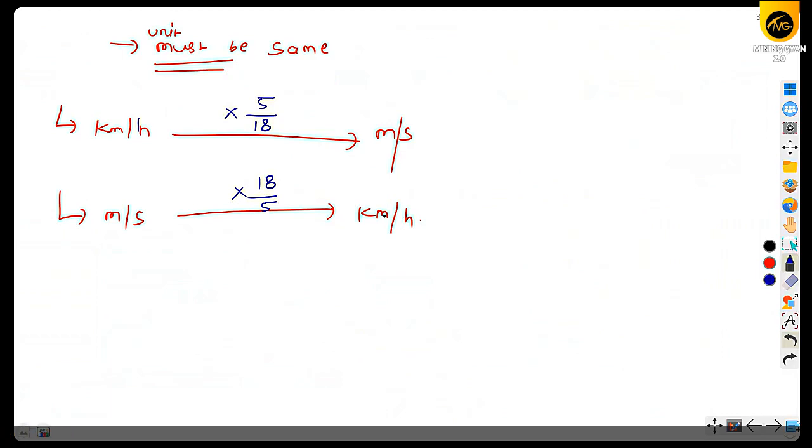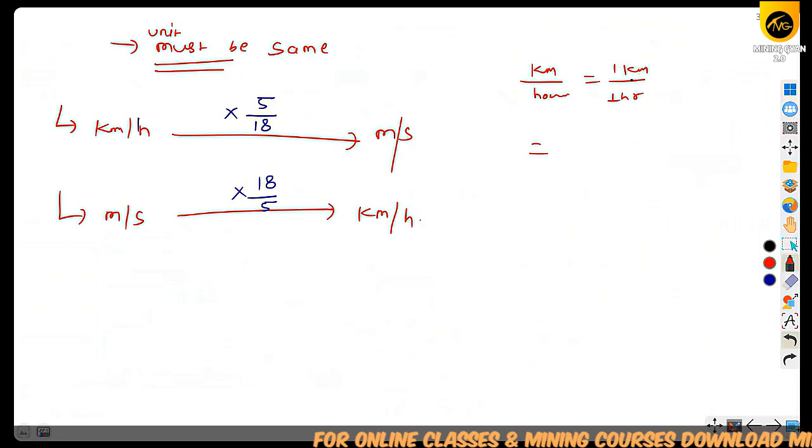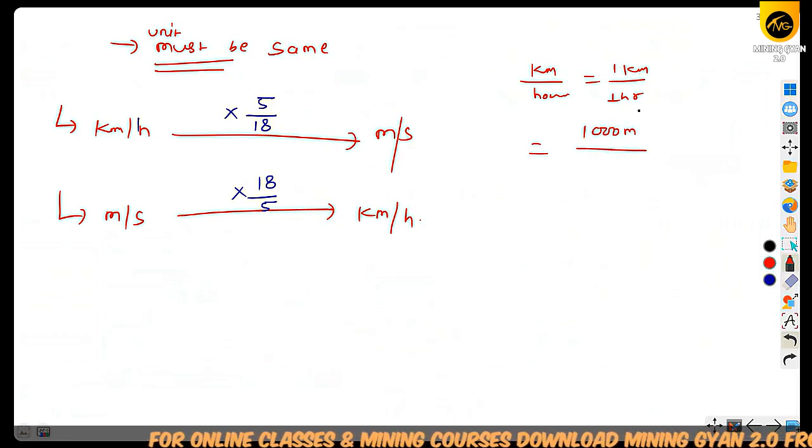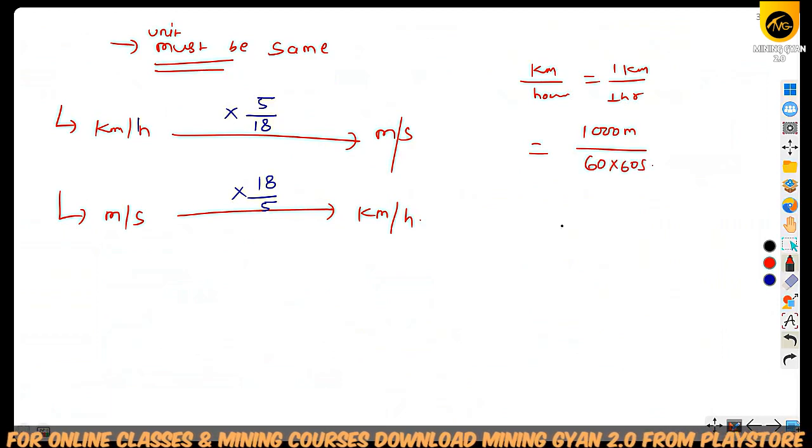So basically this is the logic. If you want to convert kilometer per hour, that means 1 kilometer divided by 1 hour. Okay, so 1 kilometer is equal to 1000 meter, and divided by 1 hour, that means 60 into 60 seconds. Okay, it will be 3600 seconds. So 1000 divided by 3600 seconds, right?